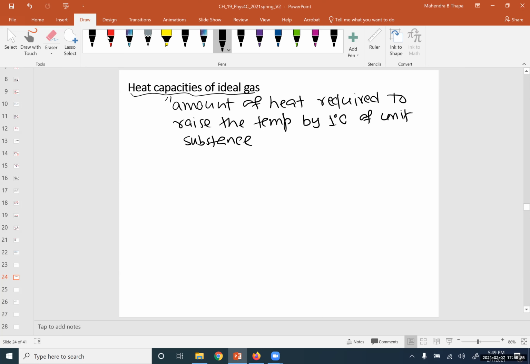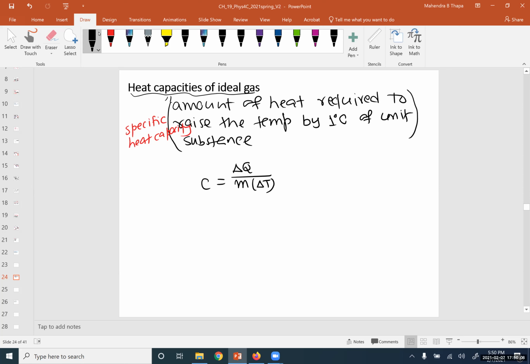So in this definition, we are defining the specific heat capacity. Okay. So you can write it in the form of an equation as C equals dq over mass times change in temperature.